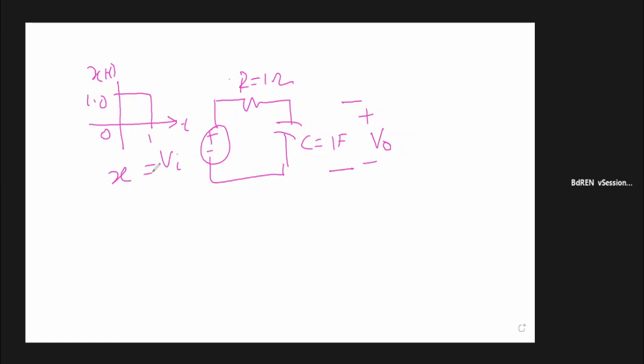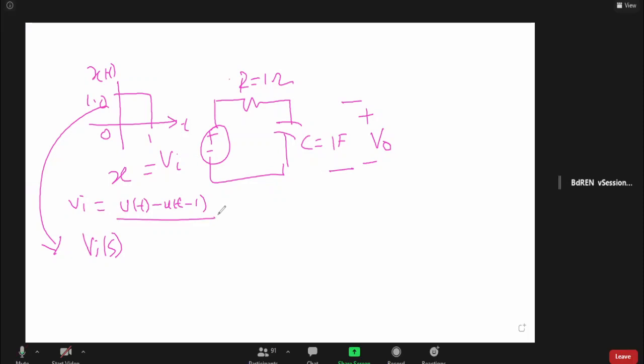In order to apply our Laplace transformation technique, first you have to take the Laplace transform of your input. That means we have to find Vi(s). Can you tell me what is the Laplace transform of Vi? You see that your Vi can be expressed as two unit steps: one is u(t), another is u(t minus 1), isn't it? Yes, sir.